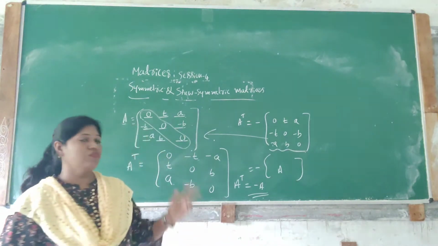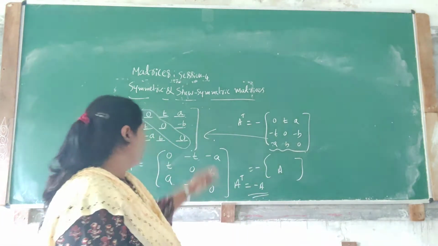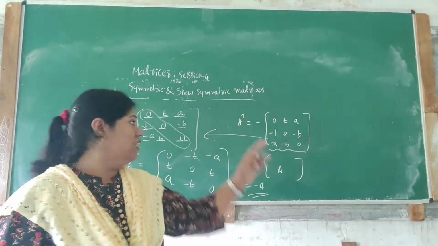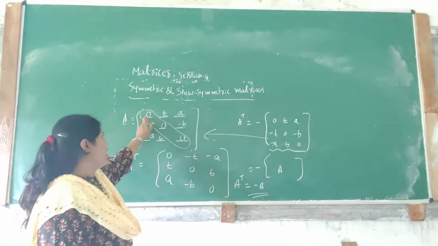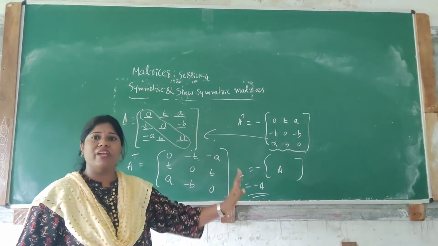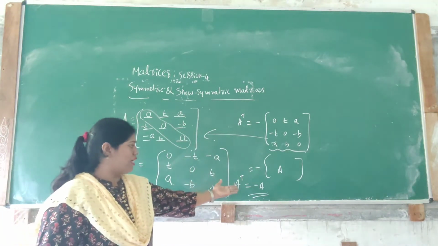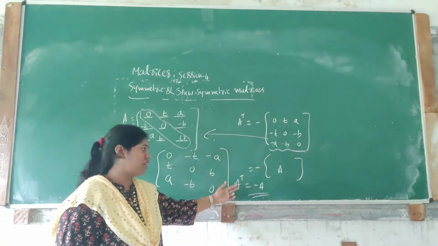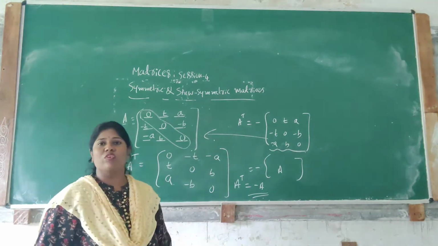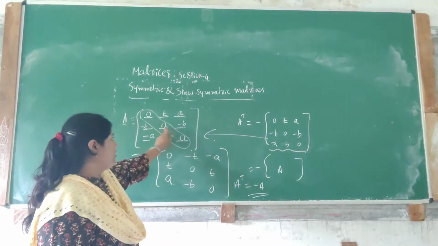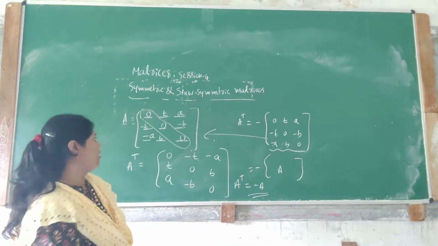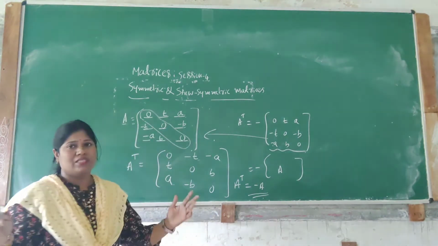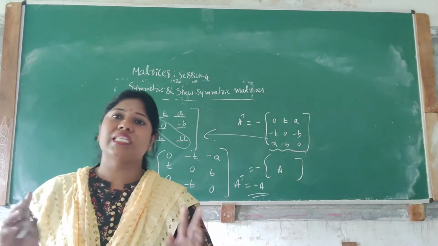So to write a skew symmetric matrix, the non-diagonal elements should have the opposite sign, and the diagonal elements should always be 0. Then only we can write the equation like this. We get the equation, otherwise we won't. The principal diagonal elements should always be 0, and the non-diagonal elements should be the same with the opposite sign.